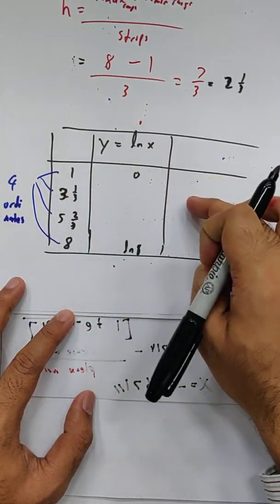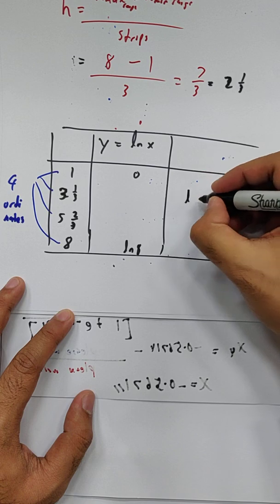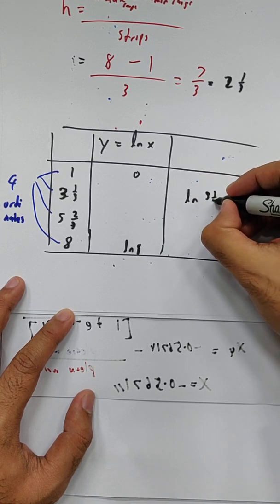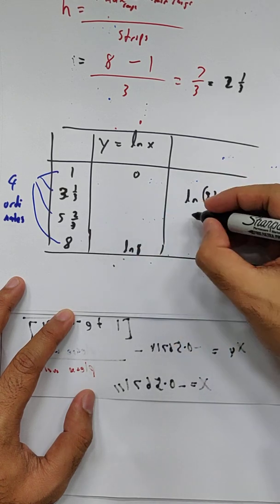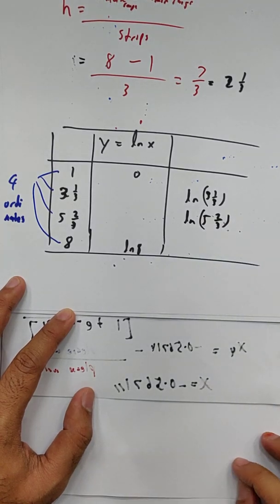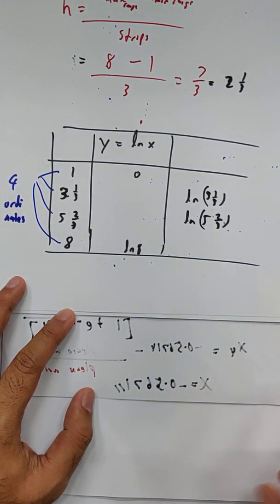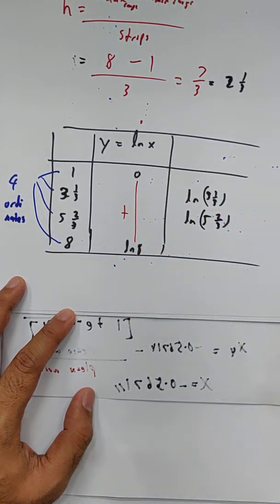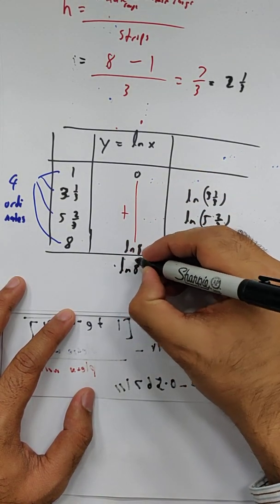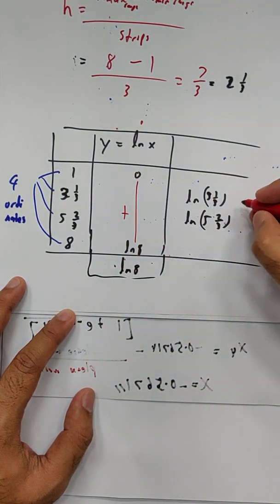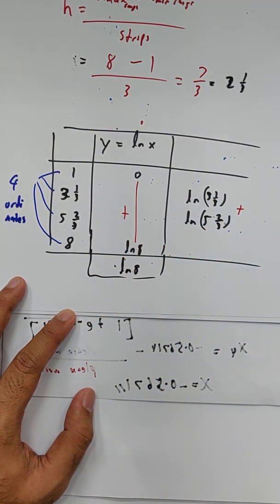And over here, put ln 10 over 3, ln 17 over 3. Press your calculator and get the decimals. And what should I do now? Add this one up, ln 8, and this one here plus itself, and you get the value.